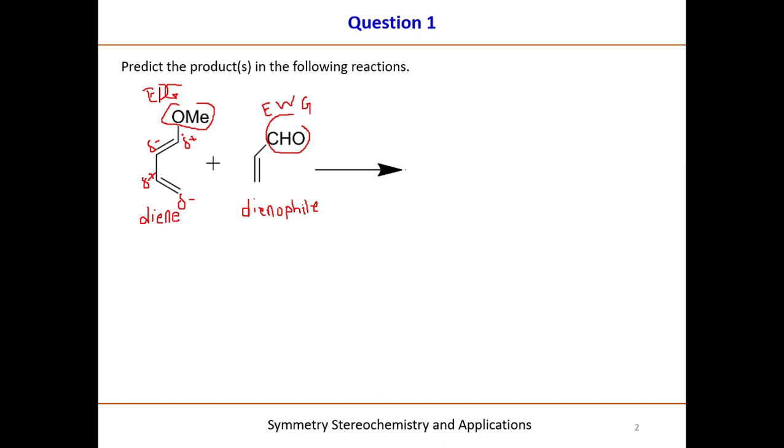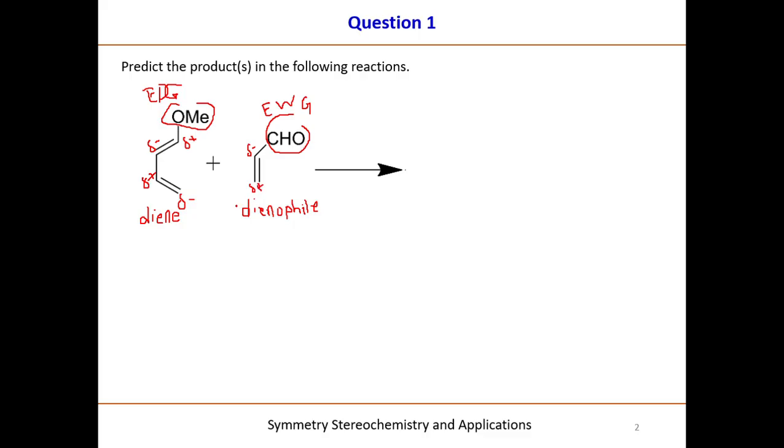Because the dienophile is electron deficient, you will observe a partial negative charge here and a partial positive charge here.